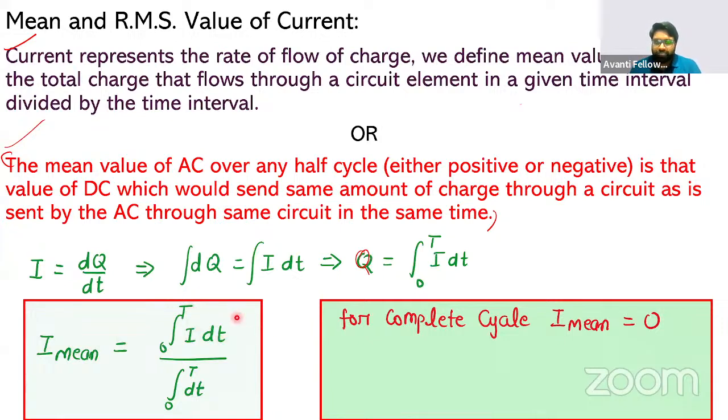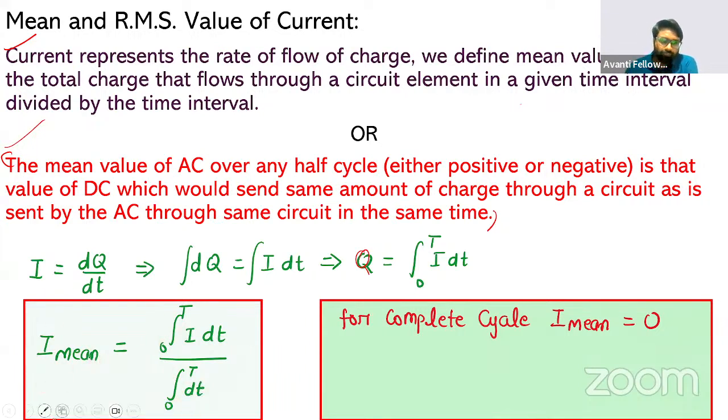According to the definition, the total charge that flows through a circuit element in a given interval of time, divided by the time interval. So total charge flown is capital Q, which is written as the integral 0 to T of I dt, divided by the total time taken, which is the integral 0 to T of dt. 0 to T of dt will give you capital T only. So it is the total time taken to flow this amount of charge. This is the mean value of current.